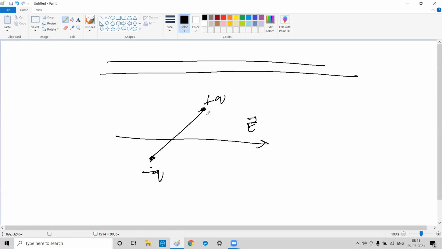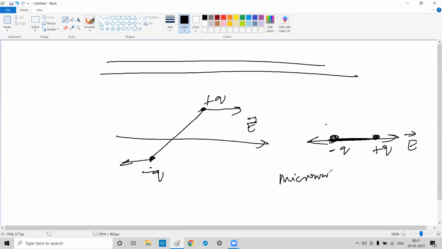There will be an electrostatic force pulling this side and that side, and after some time your dipole will become aligned to the electric field. This phenomenon is seen mostly in the microwave. Yeah, this is just an intro.